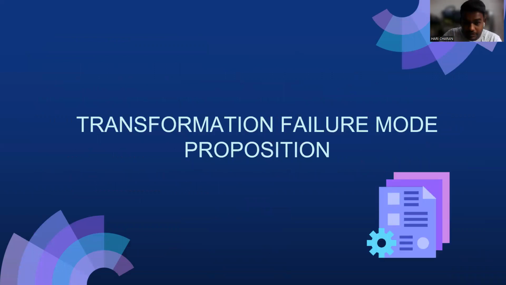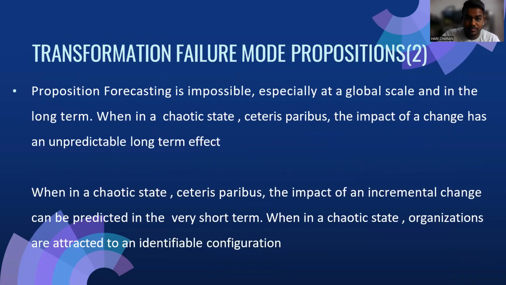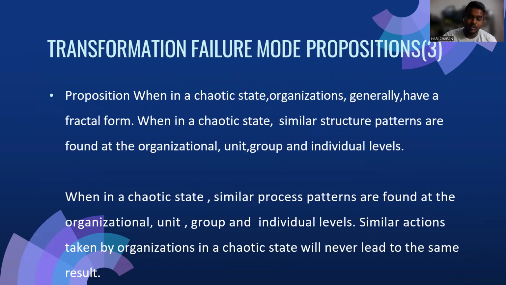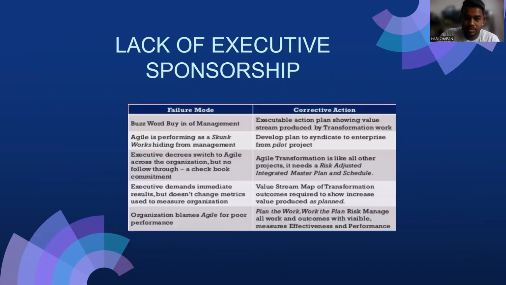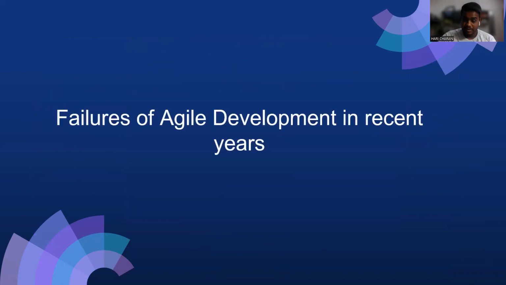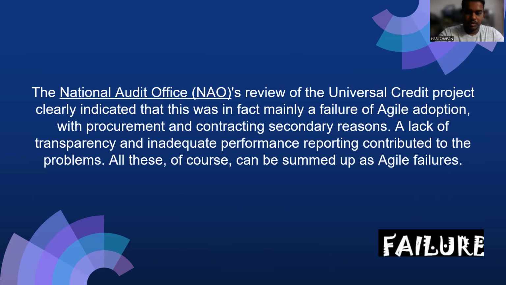We saw the transformation failure modes proposition, and after this we gave a detailed explanation of the two primary failure modes, and also explained examples of Agile failures in recent years. So thank you, ma'am. I hope you liked my presentation.